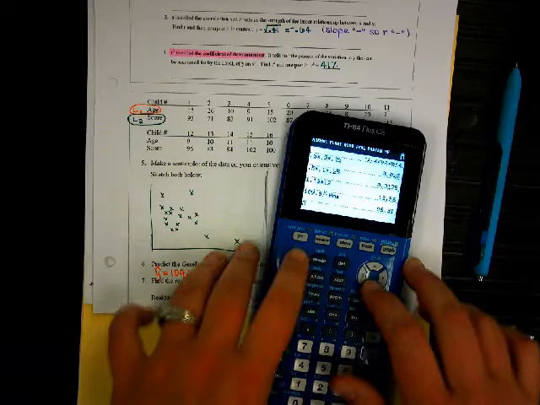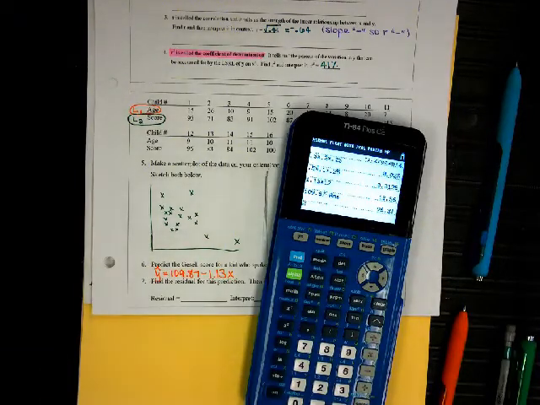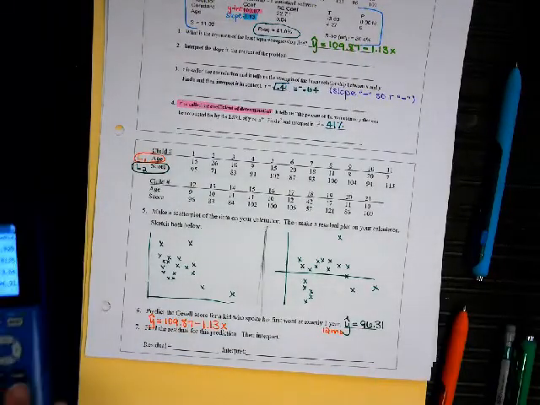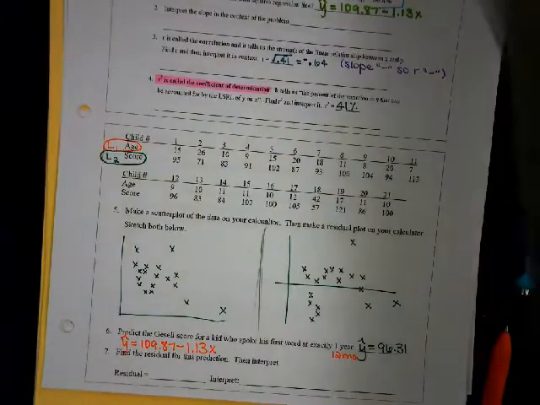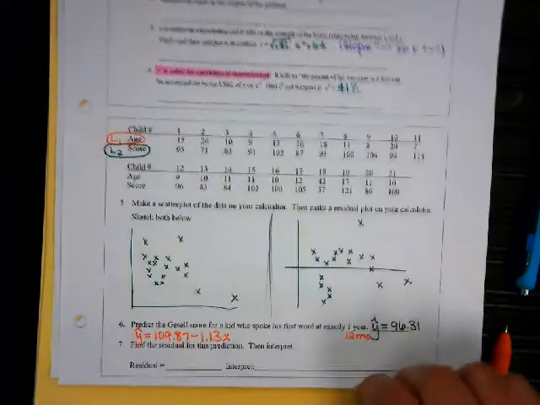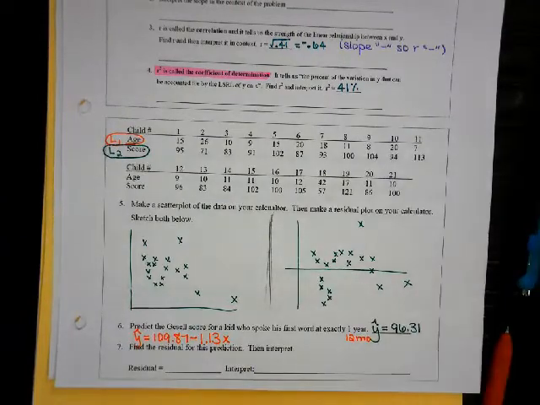All right. So then we're going to find the residual for this prediction. Again, you can use the lists. We're looking at child 17 because they spoke their first word at 12 months old.